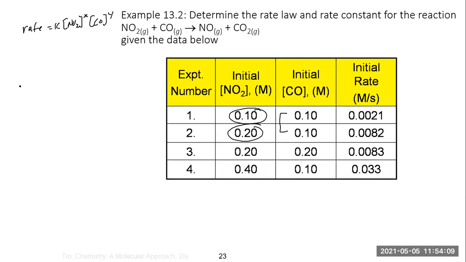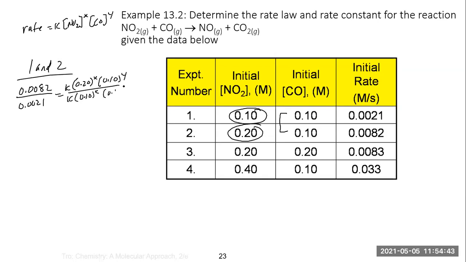So using 1 and 2, we're looking at the larger rate on top, so we'll go with number 2 up on top. That's going to be 0.2 to the x and 0.1 to the y, putting our number 1 on the bottom, 0.0021, and 0.1 to the y.